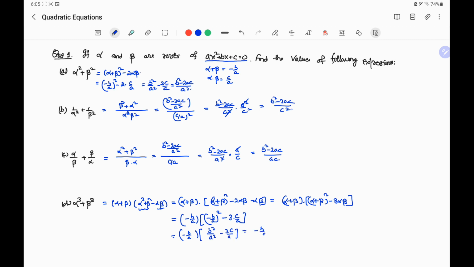It is written as minus b by a. Taking LCM, it is a square, and numerator will have value b square minus 3ac. So we can write it is a cube in denominator, and numerator have the value minus b cube plus 3abc. So we can finally write it as 3abc minus b cube by a cube.